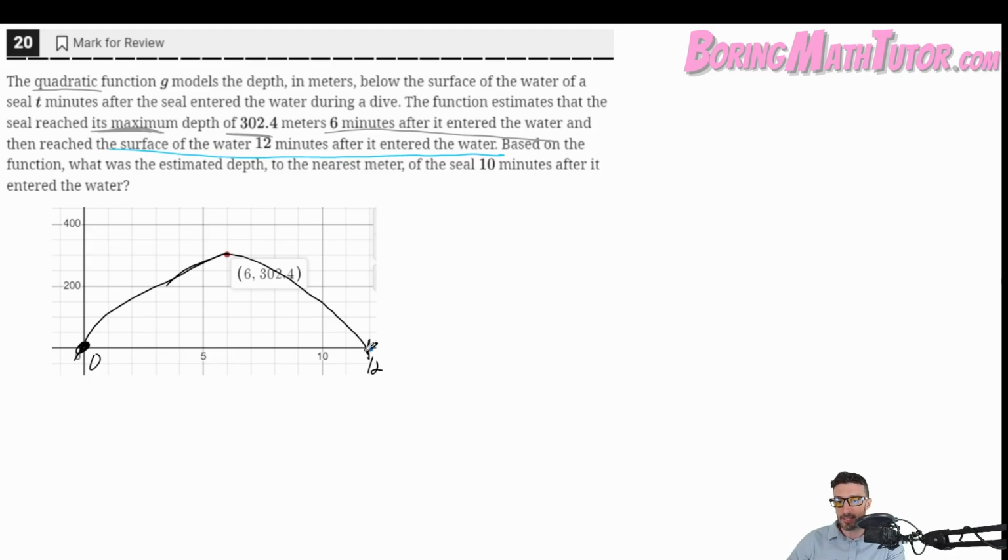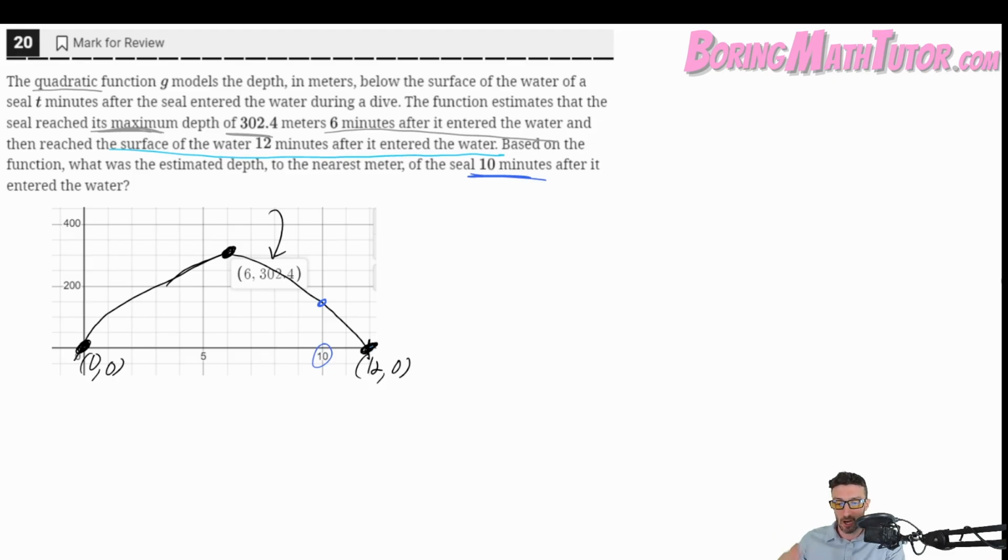So that gets us an extra point, actually. And ultimately, we want to know what's happening at 10 minutes. So basically, we want to know the x coordinate at 10. Well, one way to do that is to get an equation that is going to contain these 3 points, 0, 0, 12, 0, and this point.